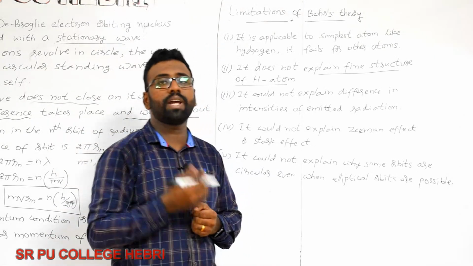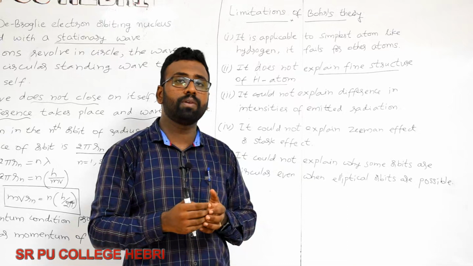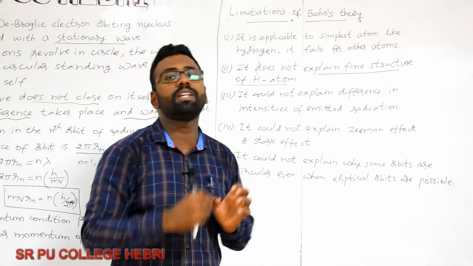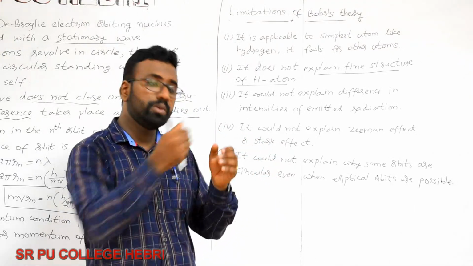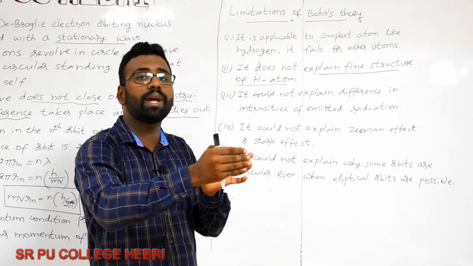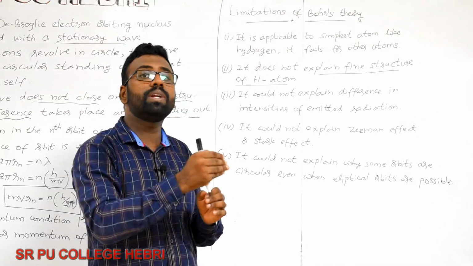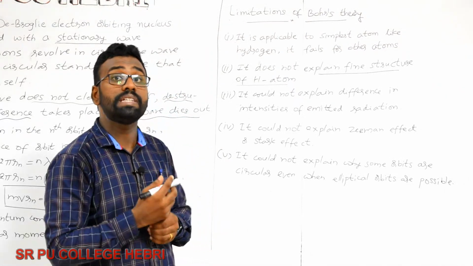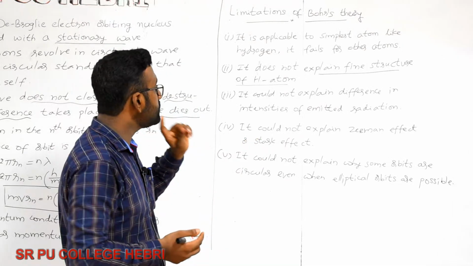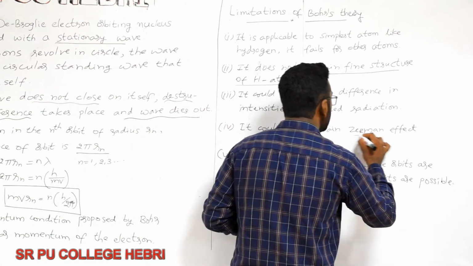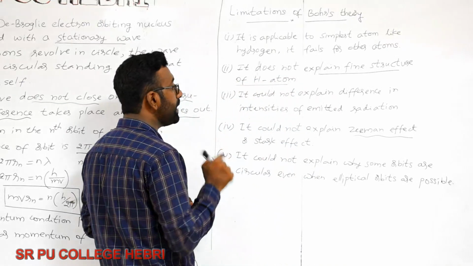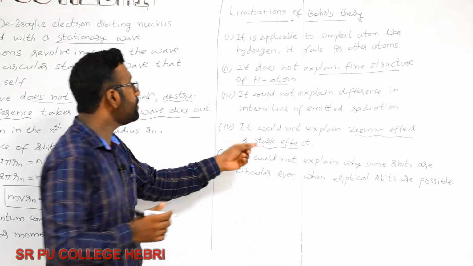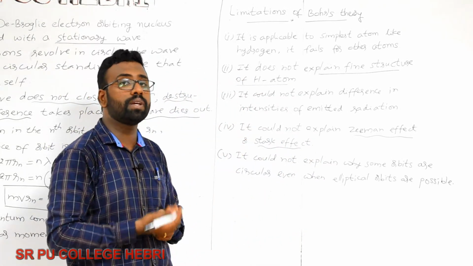In the Zeeman effect, when a spectrum of light is brought in between the magnetic field, between two magnets, you will observe splitting of the spectrum. Splitting of spectrum due to a magnetic field is known as the Zeeman effect, and splitting of spectrum due to an electric field is known as the Stark effect. Both these phenomena were not explained by Niels Bohr.